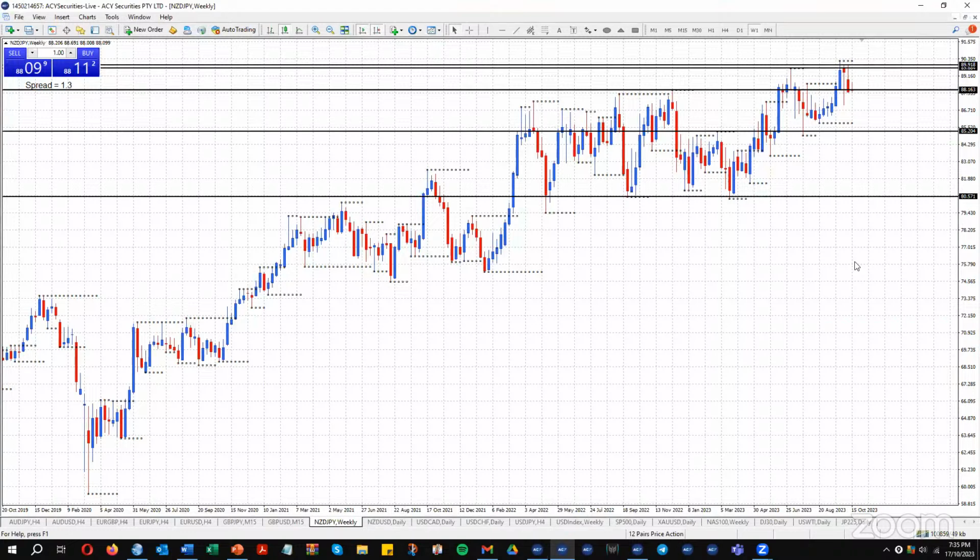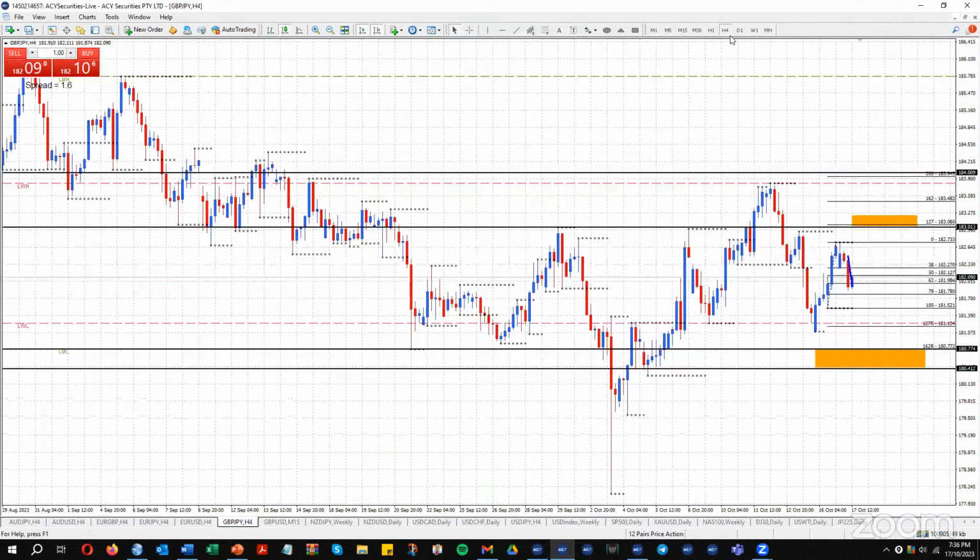I'm just pausing because I've got another question about pound yen. Why are you applying the fib range from low to high when the market structure is still down, or is it for the daily range of yesterday? On the 4 hour chart, I'm drawing from low to high based on the 4-hour range here.